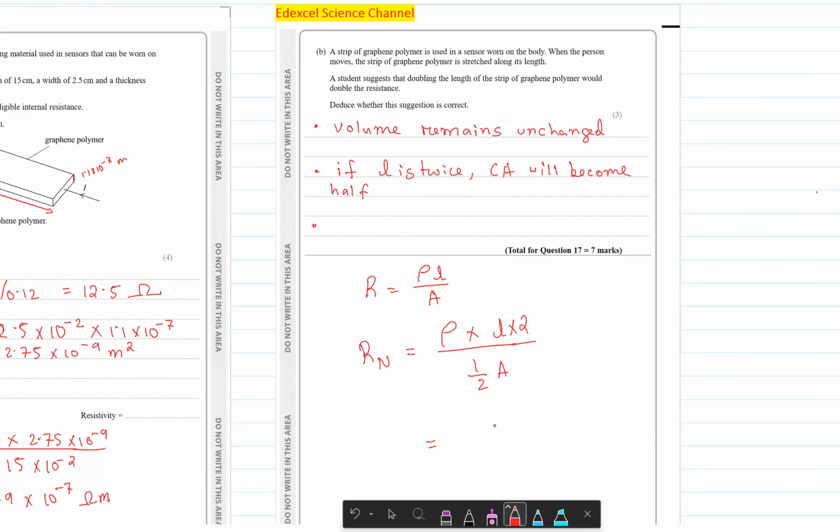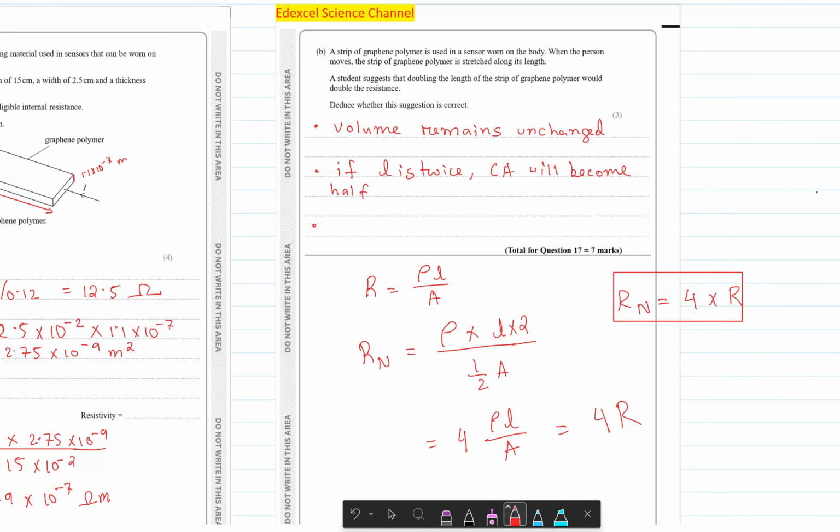So if you do the algebra, what I'm going to do is I'm going to separate this 2 and half. So 2 divided by half is 4, and all the other variables is on the side. This is basically the original resistance, right? So what I can do is I can just write 4 times R. So what we have found out, guys, is that the new resistance is going to be 4 times the original resistance.